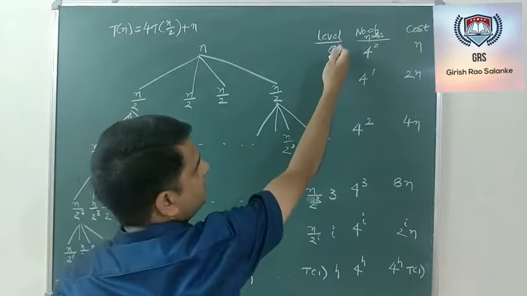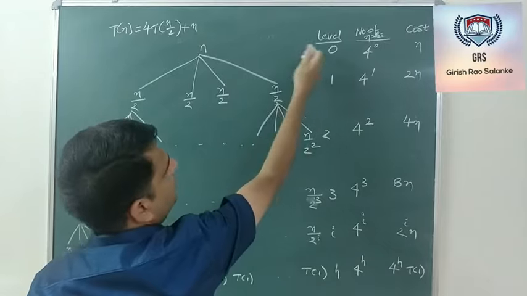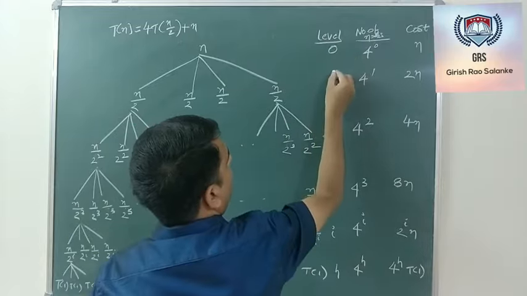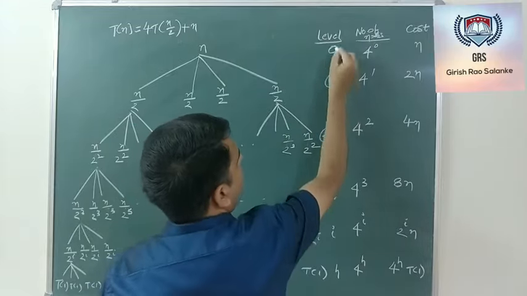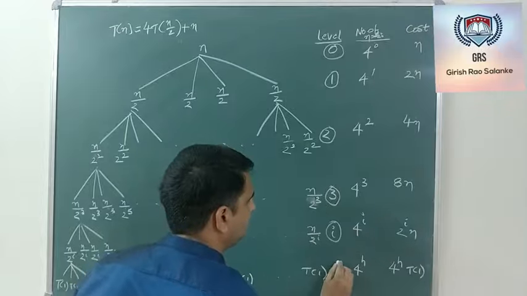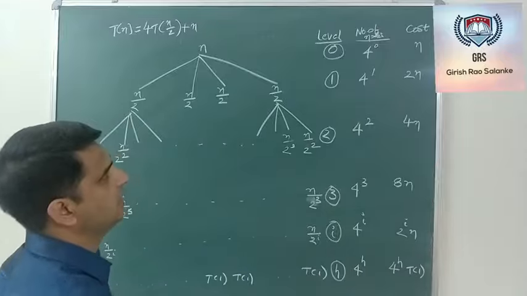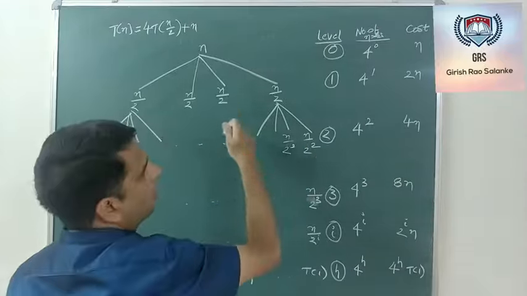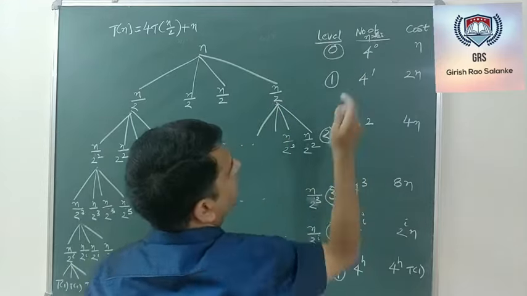Now, this column represents my level. This is level 0, level 1, level 2, level 3, level i, and this was my height of the tree, denoted with h. Now coming to the number of nodes, at level 0 there is only one node. I am writing this 1 as 4 to the power of 0.